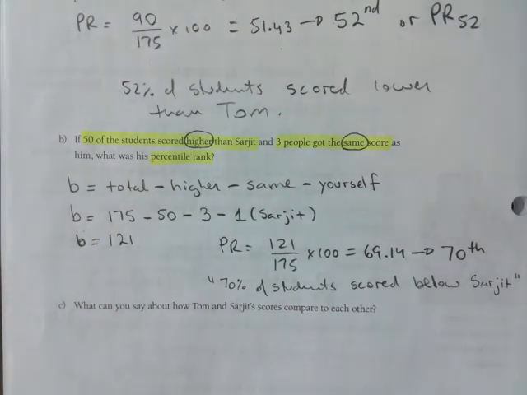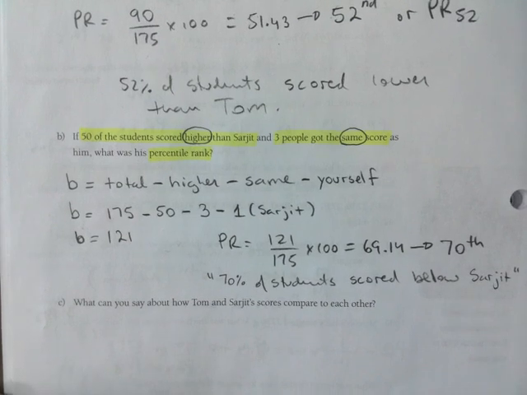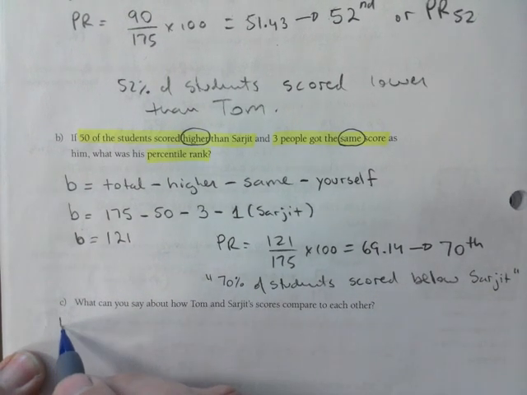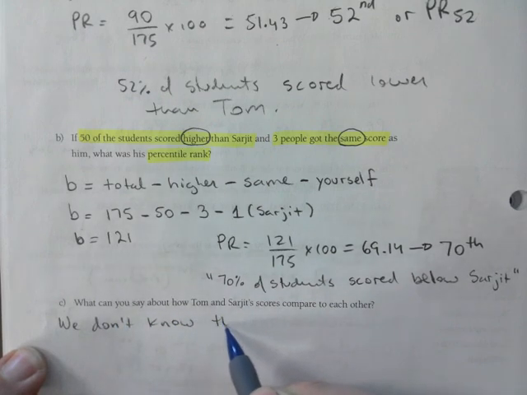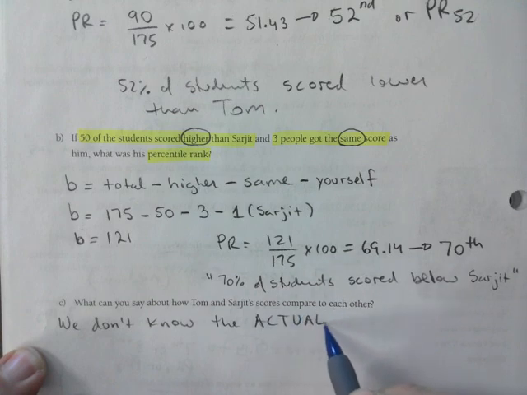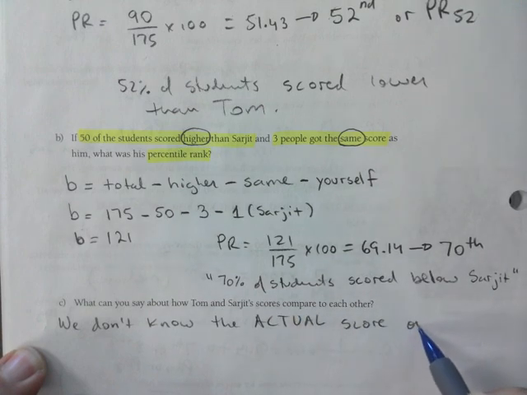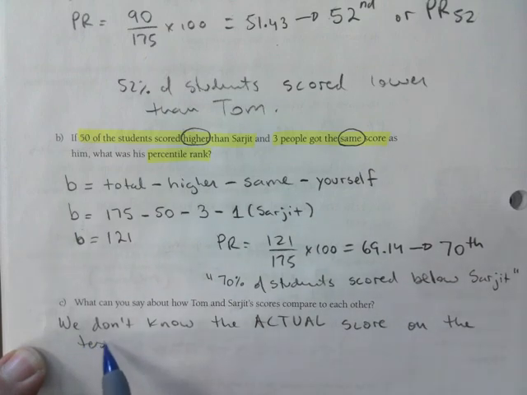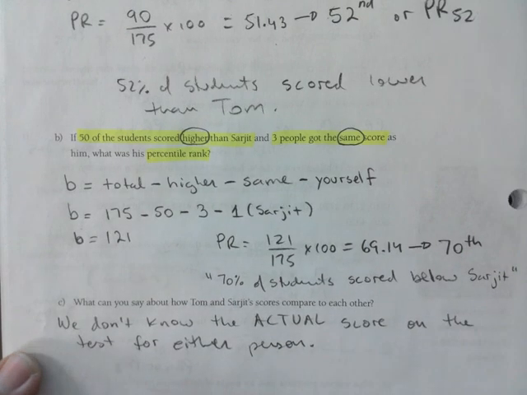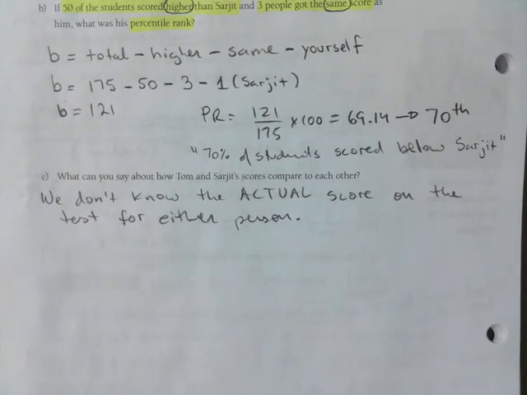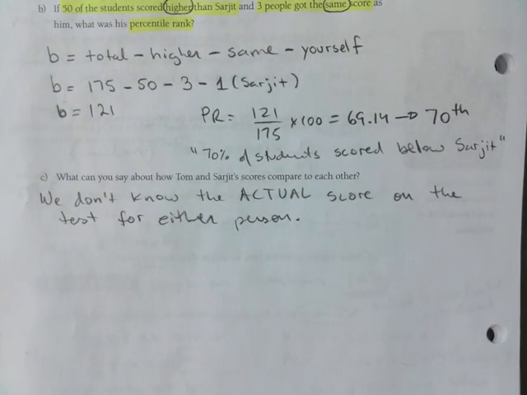Out of 1,000? So we cannot say. We don't know the actual score on the test for either person. That's very important to remember. I'm not going to try to trick you. I just want to know, do you understand the difference?